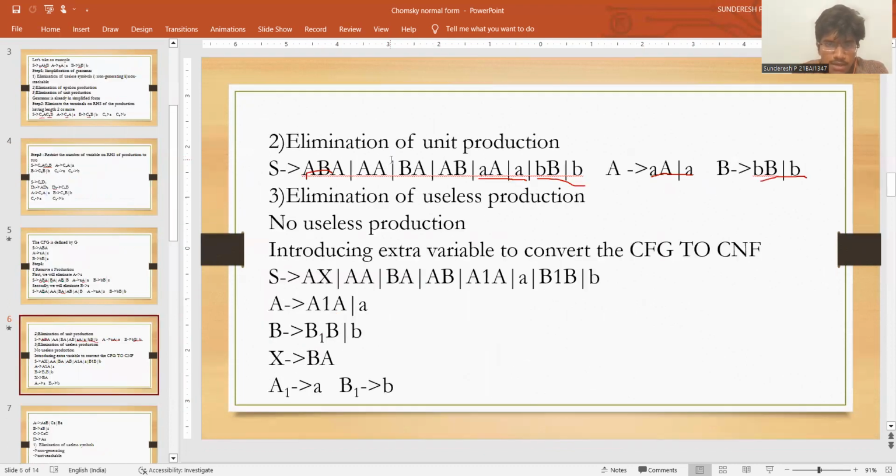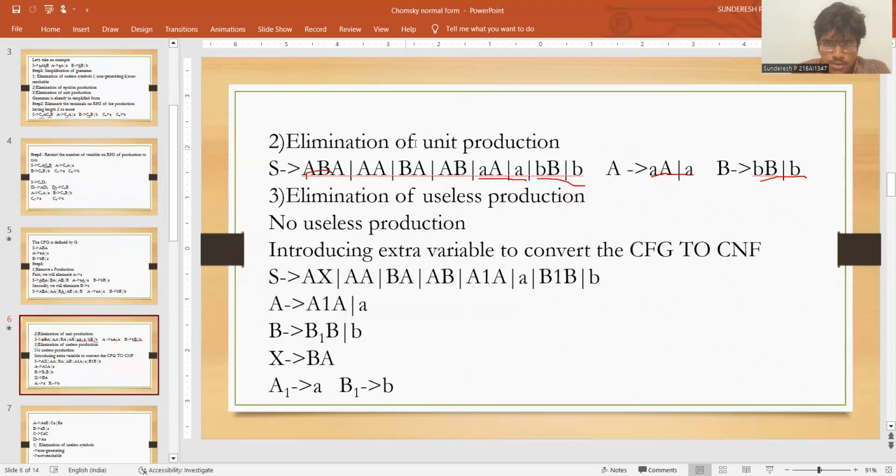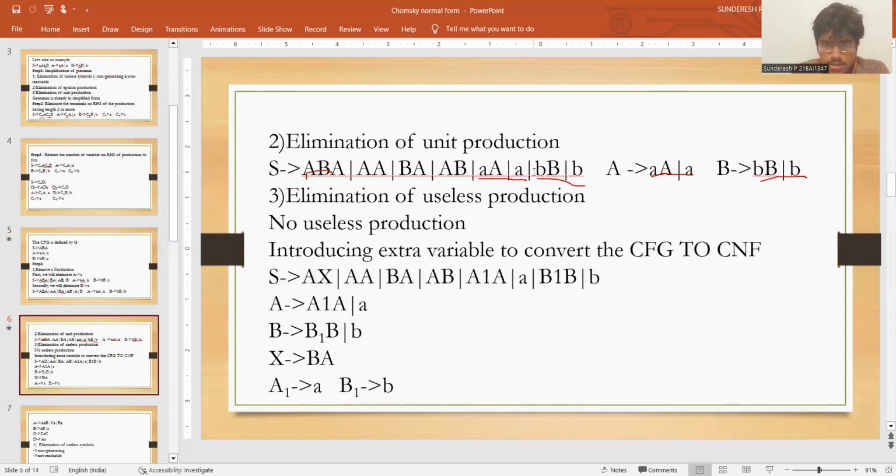Now we have to do the elimination of the unit production. We have to replace A by whatever production it is giving. So do you understand? Like here we find that A tends to A slash A. So we replace A by this new set of productions and capital B by this new set of productions.